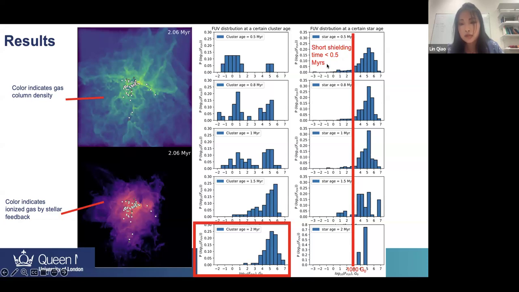But they could have been born at any time in the cluster age. These plots highlight that even for stars that have evolved for only 0.5 million years, most of them are already exposed to a pretty high level of FUV field for the cluster simulated. So overall, shielding acts for a short time for most of the disks in the cluster.